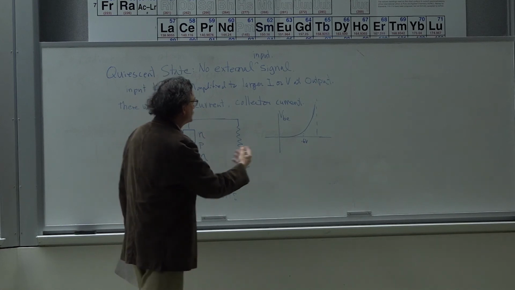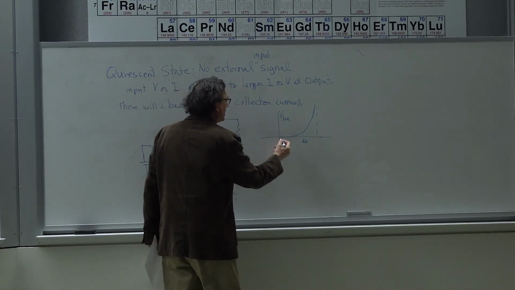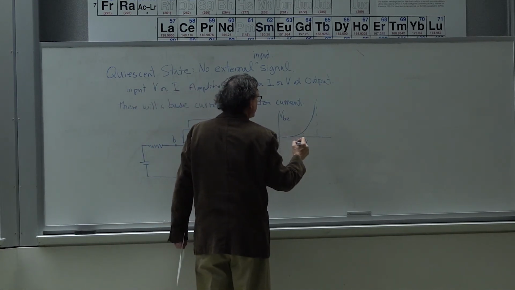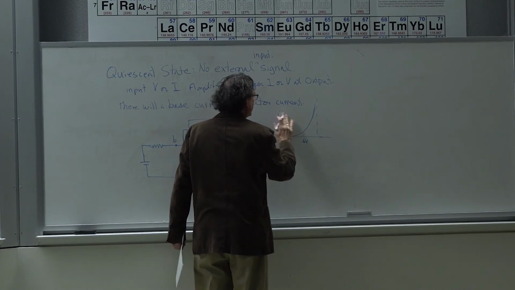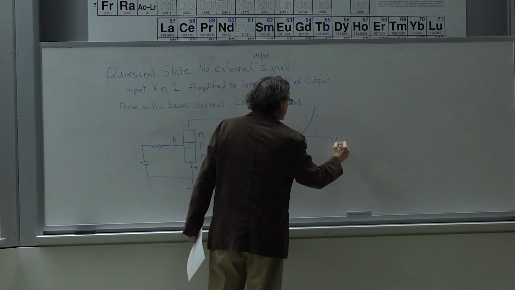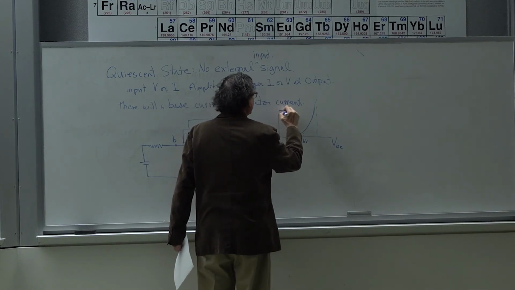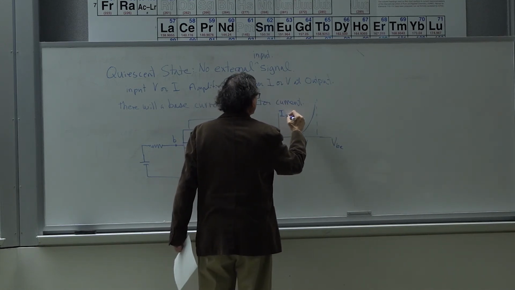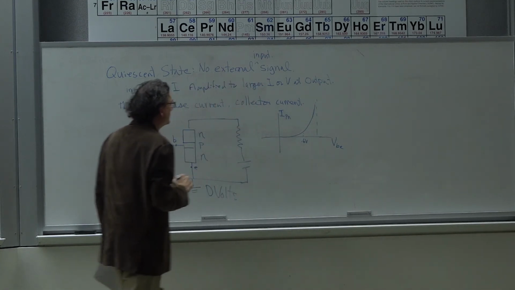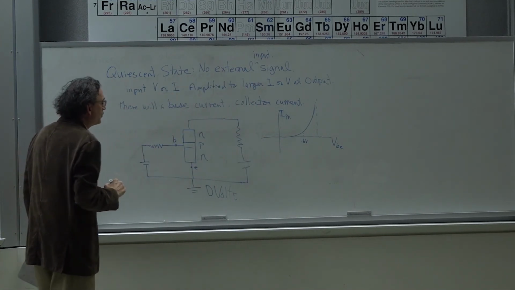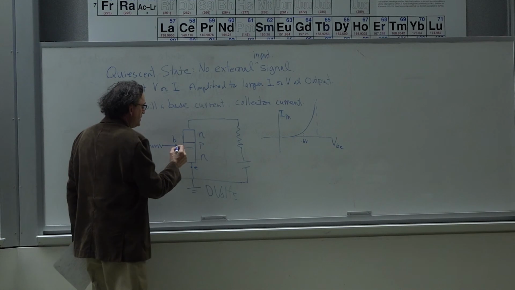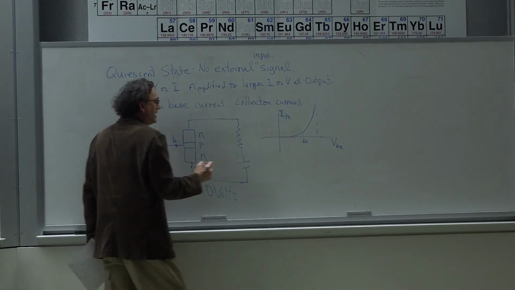We expect this sort of, I'm sorry, this should be correct. I labeled the axis wrong. This is VBE, and this is the current through the PN junction. Right? We expect this to happen. And so what we are going to do in quiescence, in the quiescent mode, we are going to be operating right here.